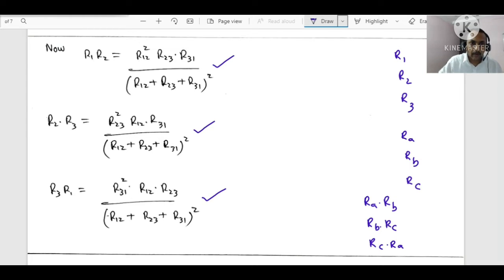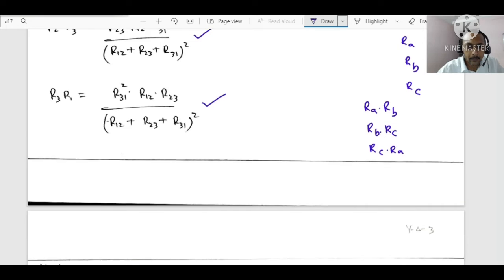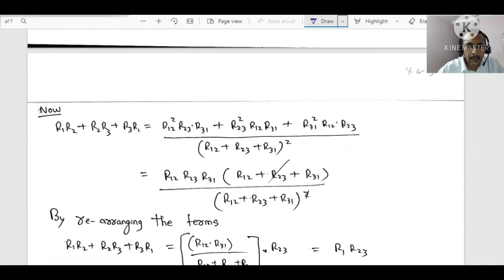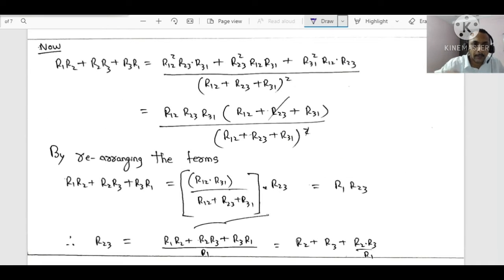Now after finding these three, let me rearrange. If you observe, in all the three the denominators are the same; numerators are changing. Make that observation. Now you simply add those three: R1 into R2 plus R2 into R3 plus R3 into R1.